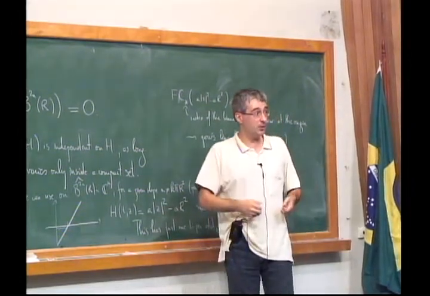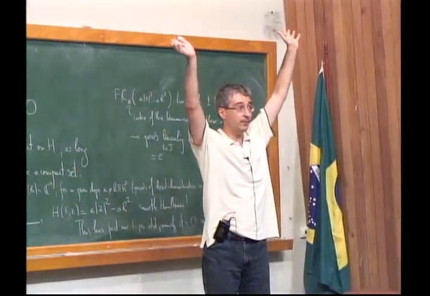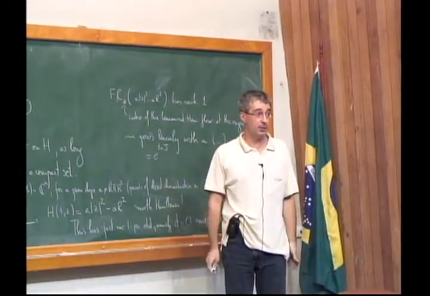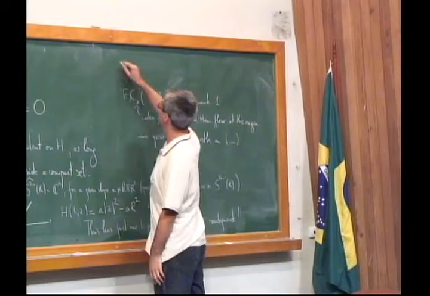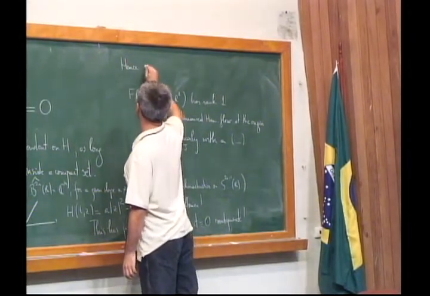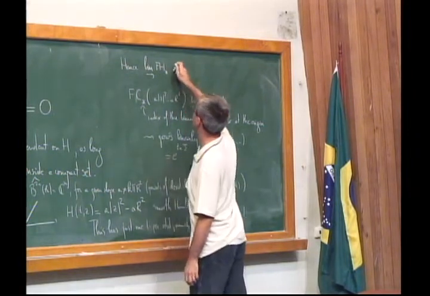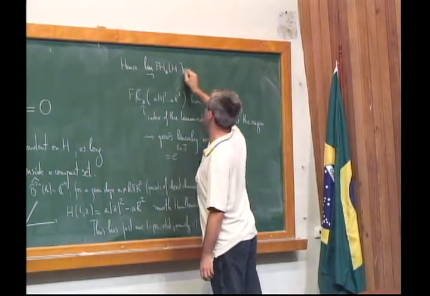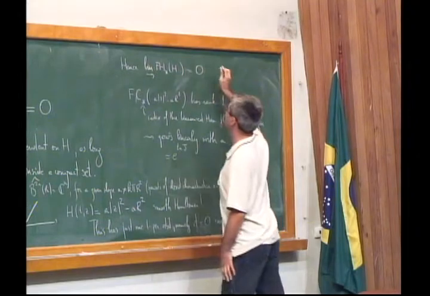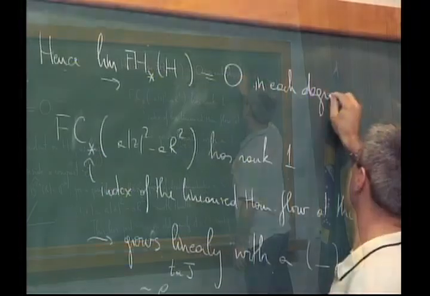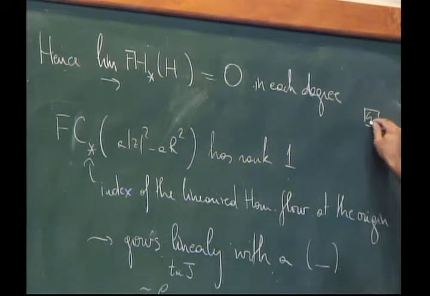The non-zero generator is going to go to infinity, and therefore, in the direct limit, the result is going to be 0. Hence, the limit of these Floer homologies over Hamiltonians is going to be 0 in each degree. And that's the computation.